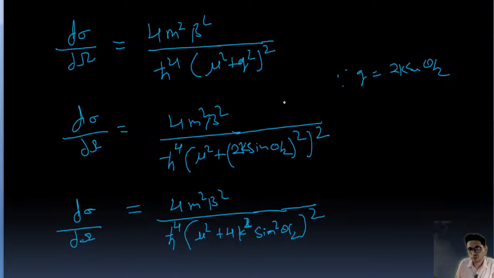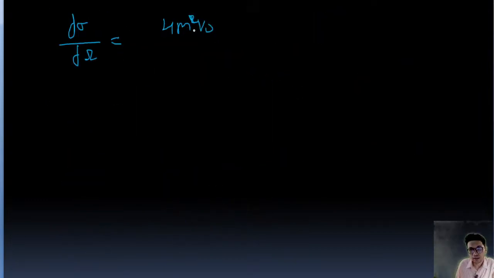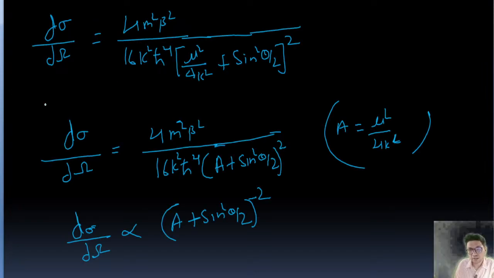Now the value of the differential cross section dσ/dΩ is going to be 4m² V₀², because V₀ is given, upon ħ⁴.